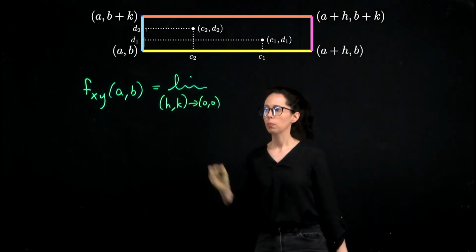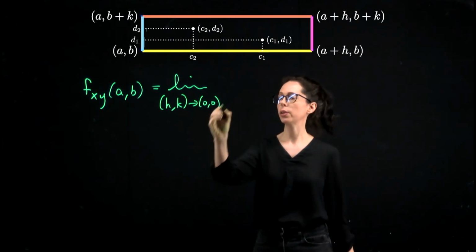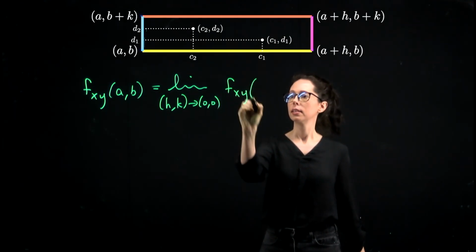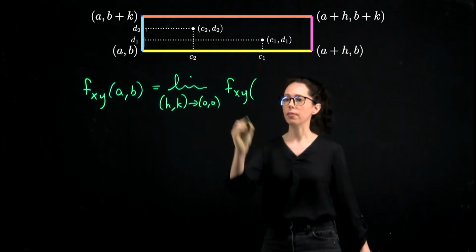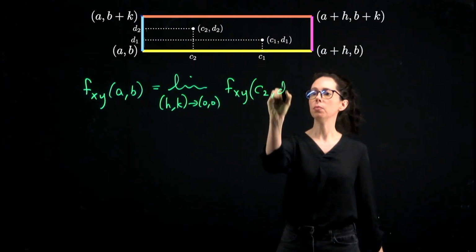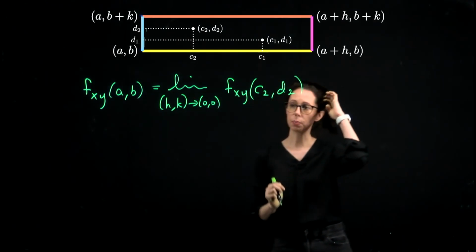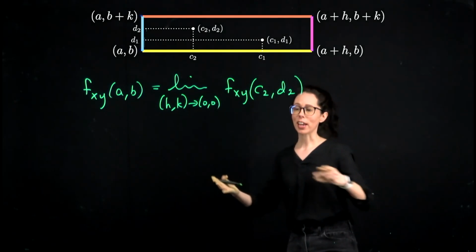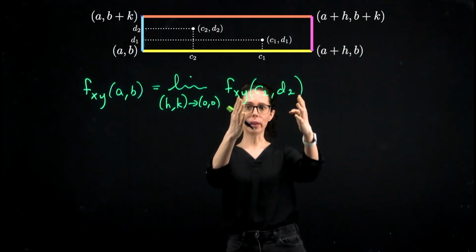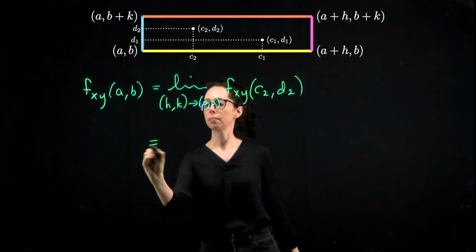And by the observation we just made with continuity, this is going to be the limit of f sub xy at C2, D2, where for each h, k you pick, that's how you choose these points. And for each h, k you pick, once you've chosen these points, there's a way for you to now switch the order.